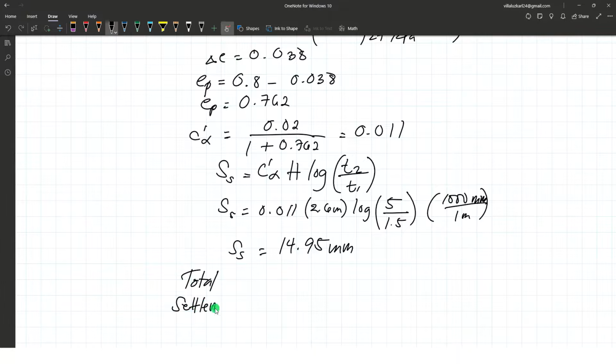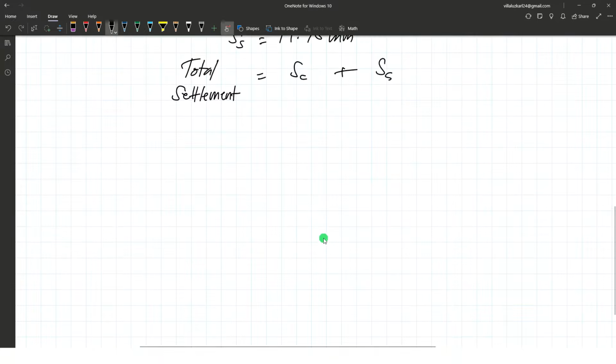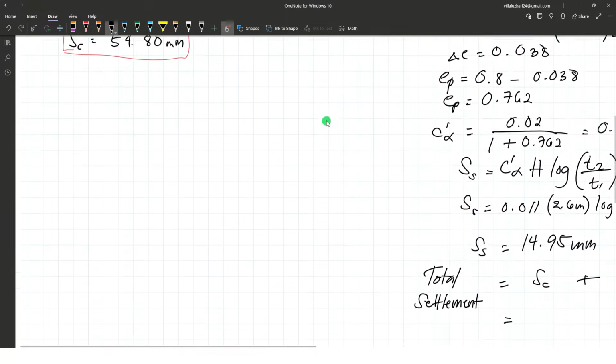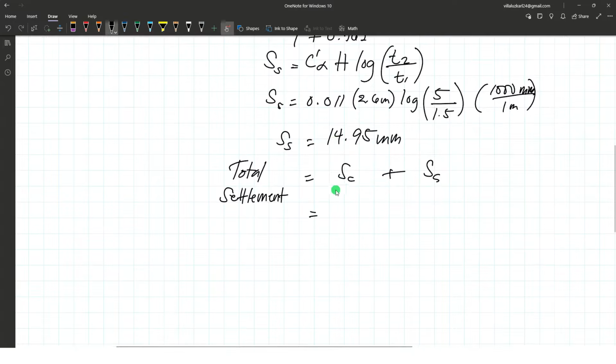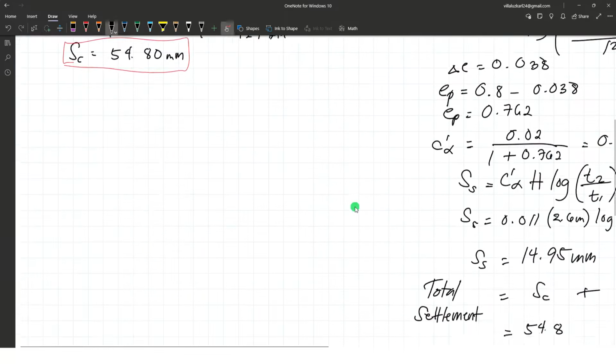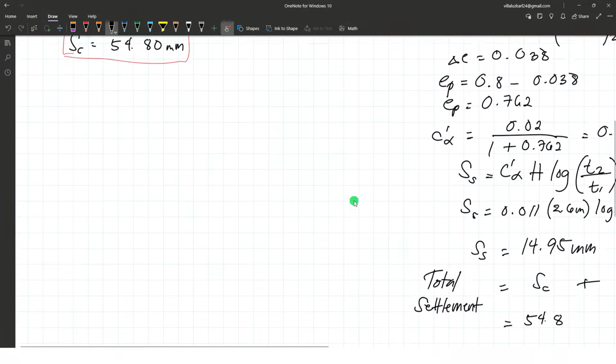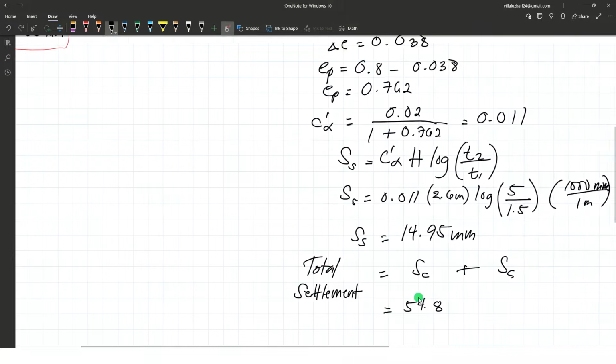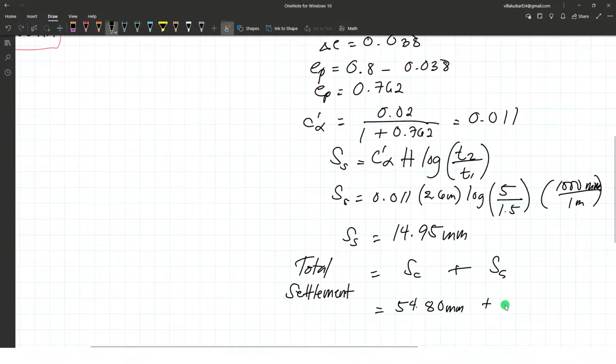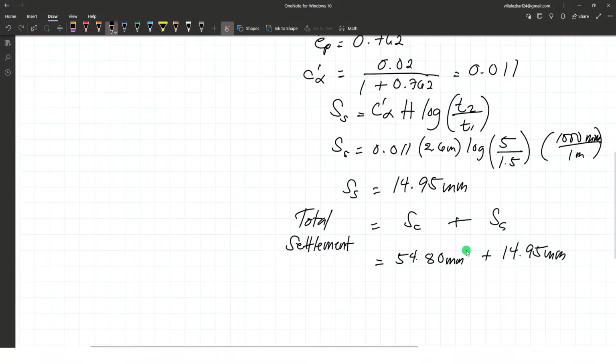So for the total settlement, we just add the two values of our settlement for the primary consolidation and the secondary. For the primary, yung na-compute natin kanina, that was equal to 54.80 mm plus 14.95 mm.